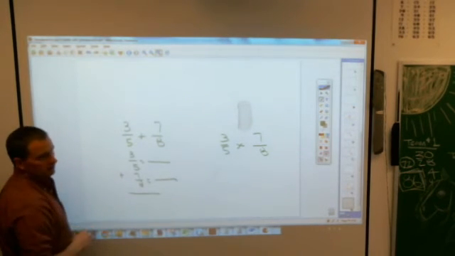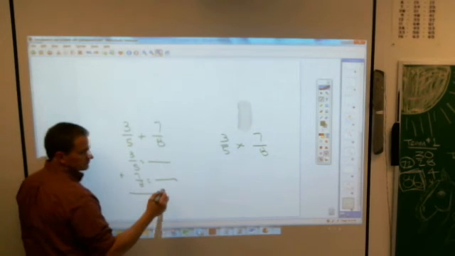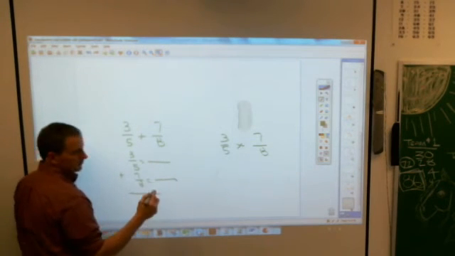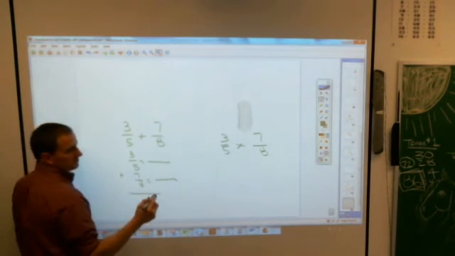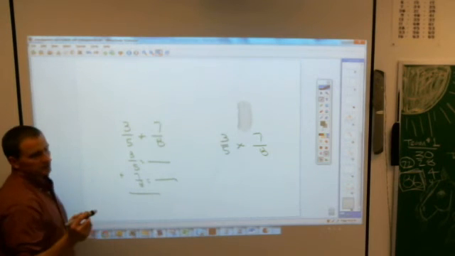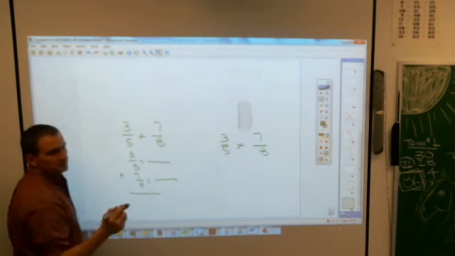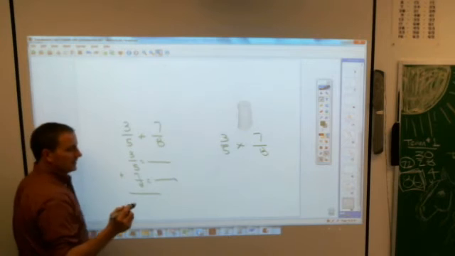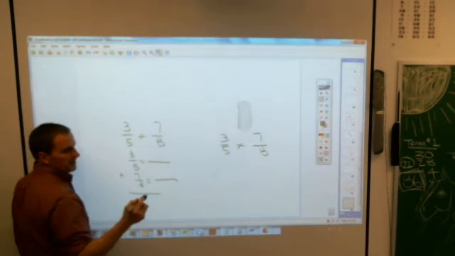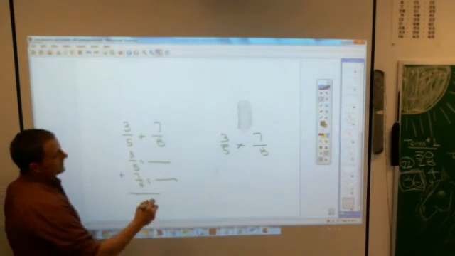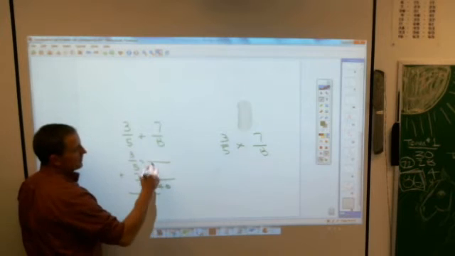Smallest number that 5 and 8 go into. 8 doesn't go into 20. 8 doesn't go into 25. No, 24. And 5 doesn't go into 24. 40. 40! Yeah, 40.